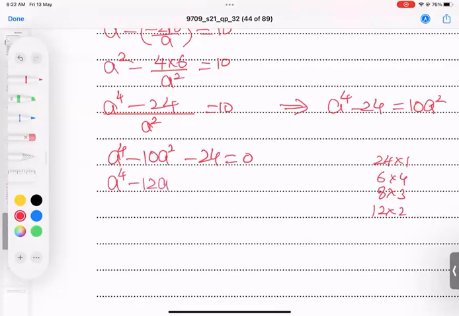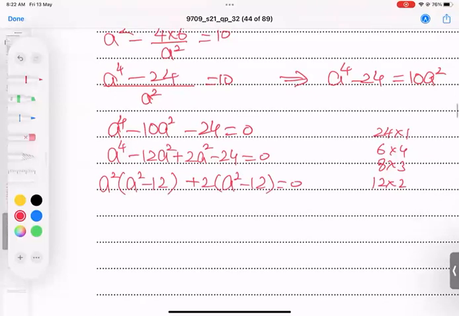So 12a and positive 2a. You can apply the quadratic formula even in a square because it must match with that. So from here, a square common, I got a square minus 12. From here 2 common, I got a square minus 12. Some students assume here a square equals any variable like k or p, and then you can do it. Even that, no problem.